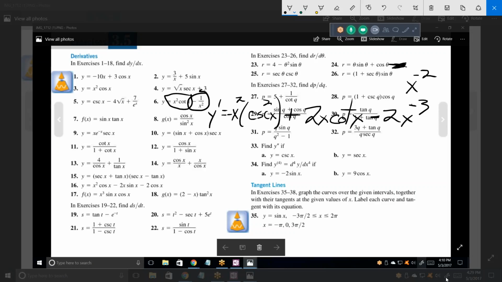All we had to do is make sure that we see we're dealing with two terms here that are being subtracted. Now, I didn't quite get the answer right because that was being subtracted. So it was a negative x to the minus 2. So this is actually a positive right there.